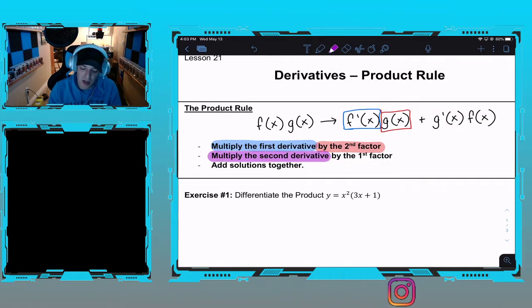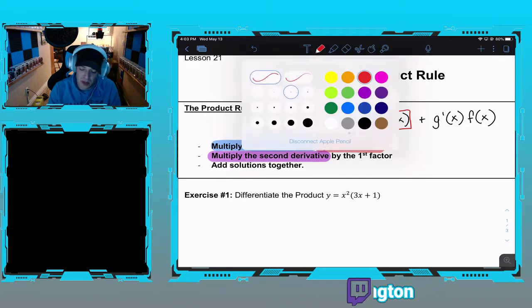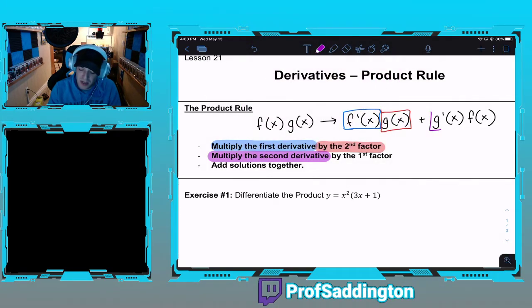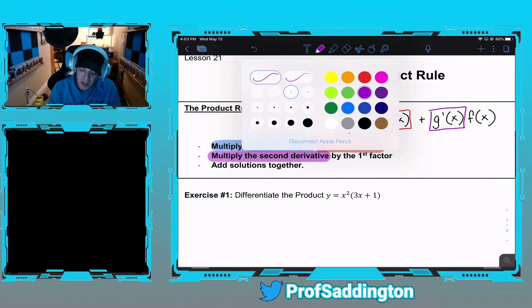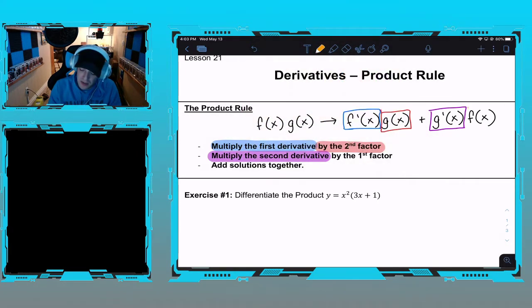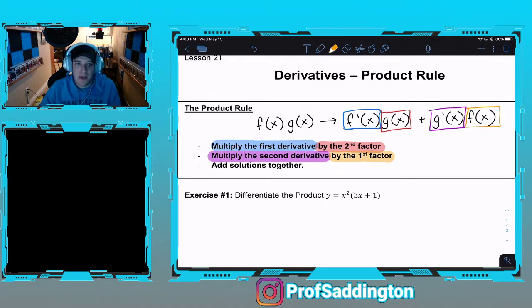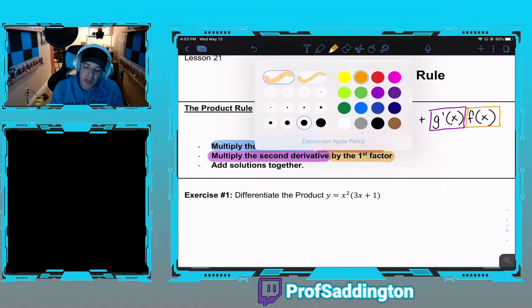And I'm going to show this all out with an example number 1 as well, so it will make more sense for you guys. And then you're multiplying it by the first factor. So when I break it down and I show you guys how these work, it's going to make a lot more sense. And then we're going to add them together, because you may recall product rule.